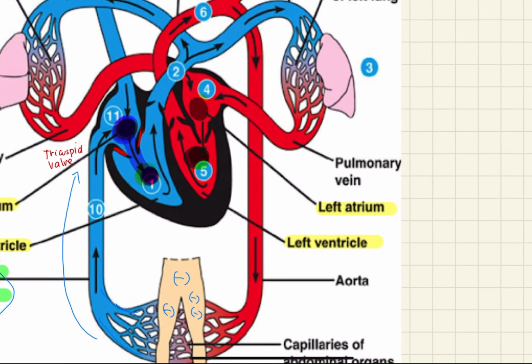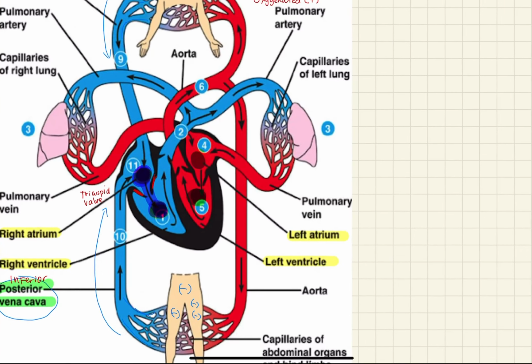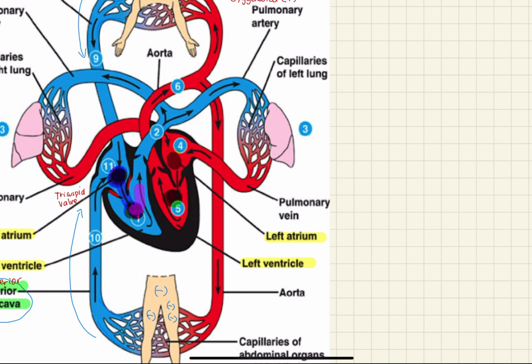Now, when the ventricles contract, yung dugo po na nandito kanina sa ating right ventricle, they will pass the pulmonary artery. Okay? Ito po yung blood vessel na nagko-connect sa ating heart papunta sa puso. Okay? So what happens? The blood gets to the pulmonary artery and then they will go now to the lungs.